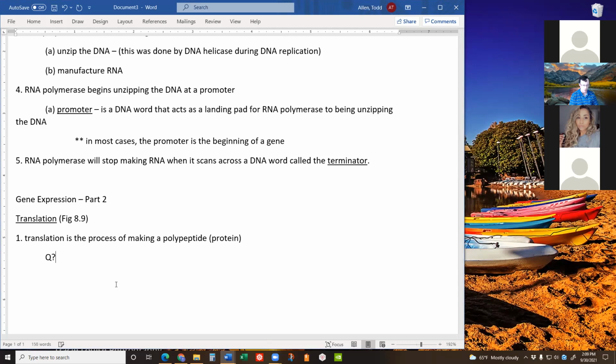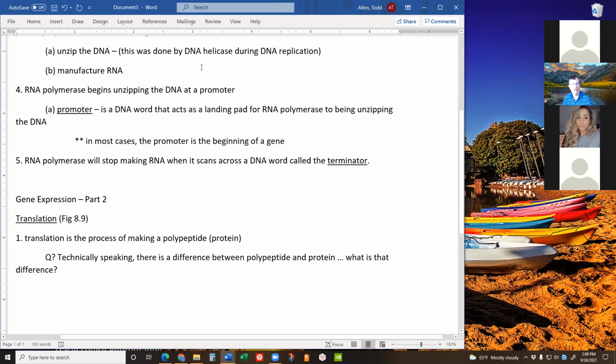Okay, so here's a question. Technically speaking, there is a difference between polypeptide and protein. What is that difference? Does anybody know from any other coursework you've had? Technically speaking, there is a difference between a polypeptide and a protein. Do you know what the difference is?